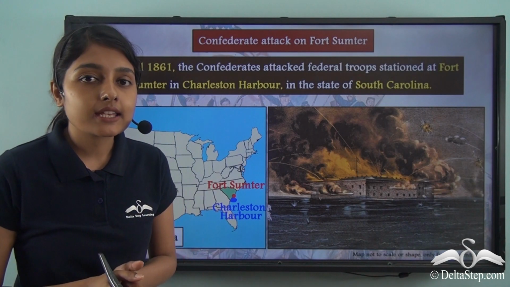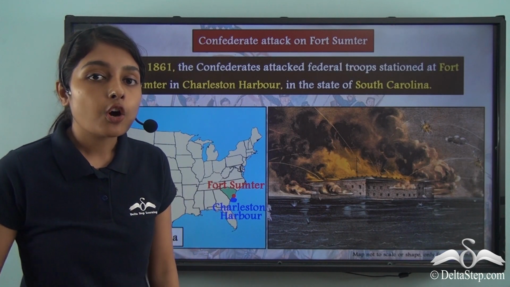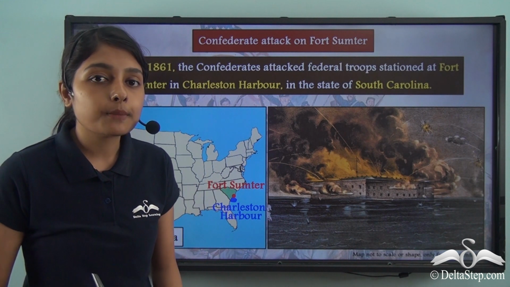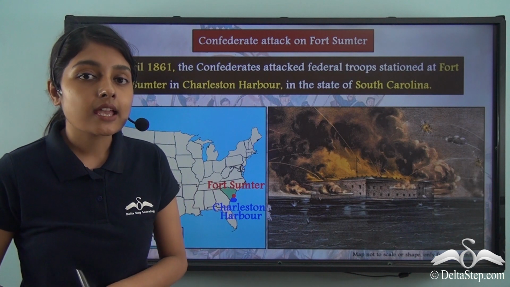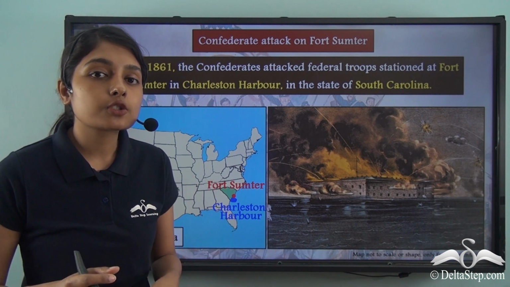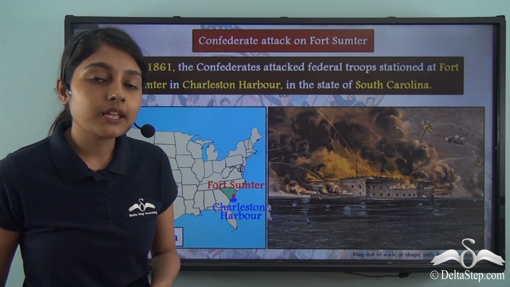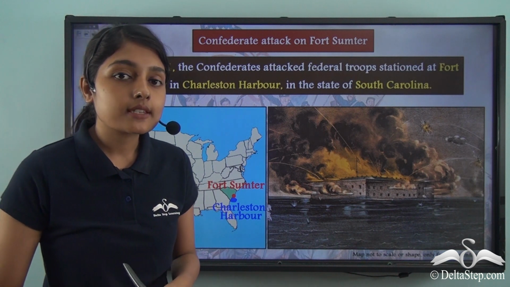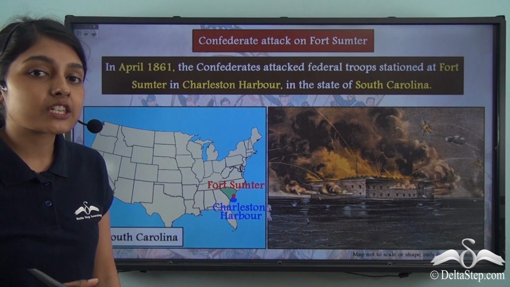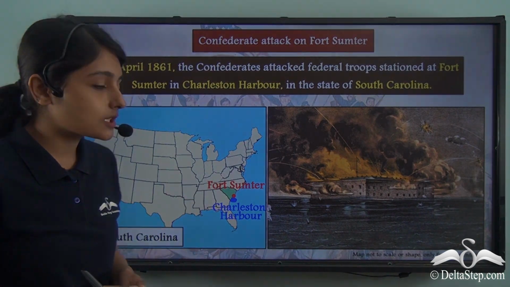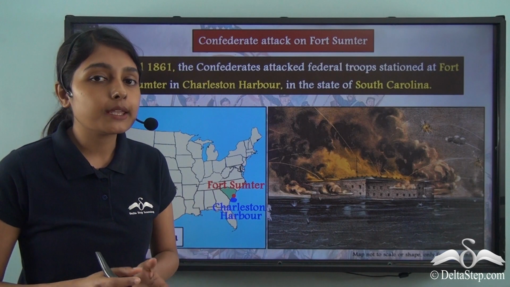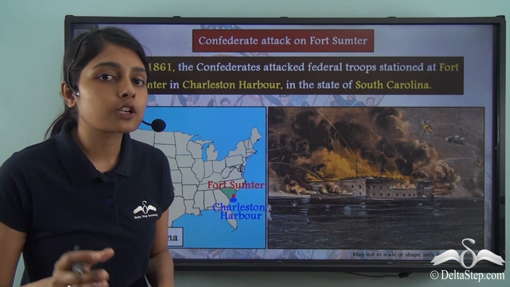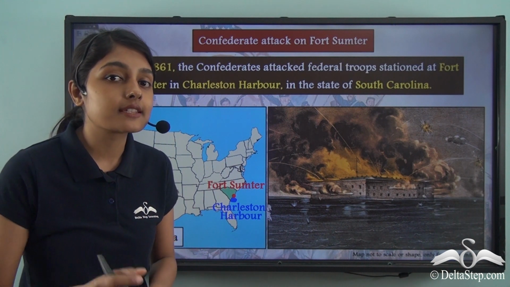Now when Lincoln declared that military force could be used on the Confederate States, the US troops were stationed in the southern states, waiting to attack the Confederate States and bring them under their own control. Similarly, the US troops were also stationed in a place called Fort Sumter. This Fort Sumter will be very important in our discussion, and we will now find out why it was very important in the context of the outbreak of the American Civil War.